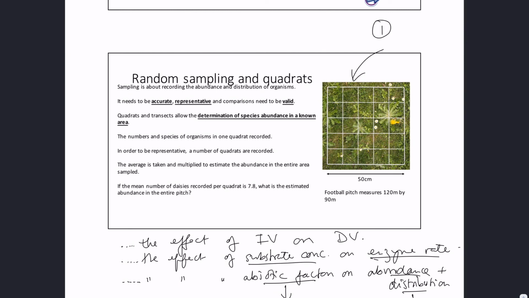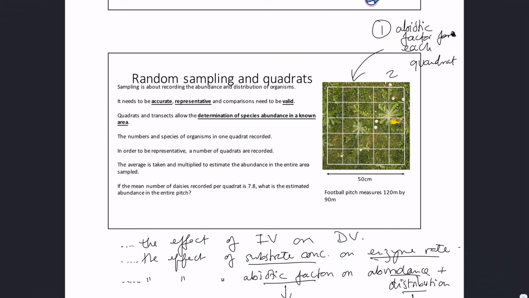One, record your abiotic factor for each quadrat. So for each place that you're recording or sampling, you must record the abiotic factor. This is our independent variable. If we didn't record it, we don't know what influence it potentially could be having.